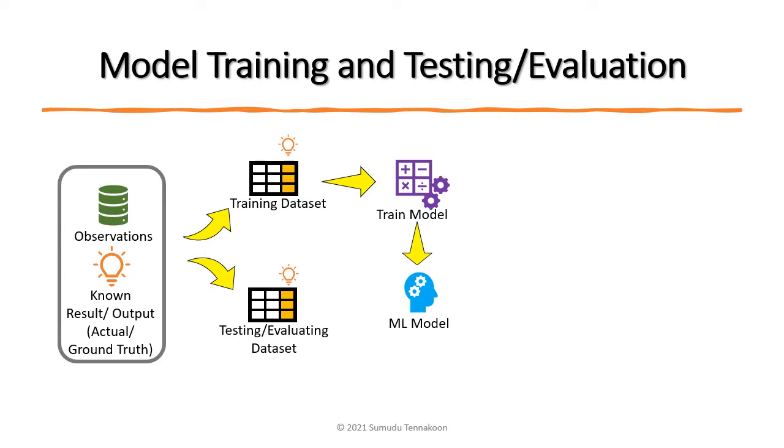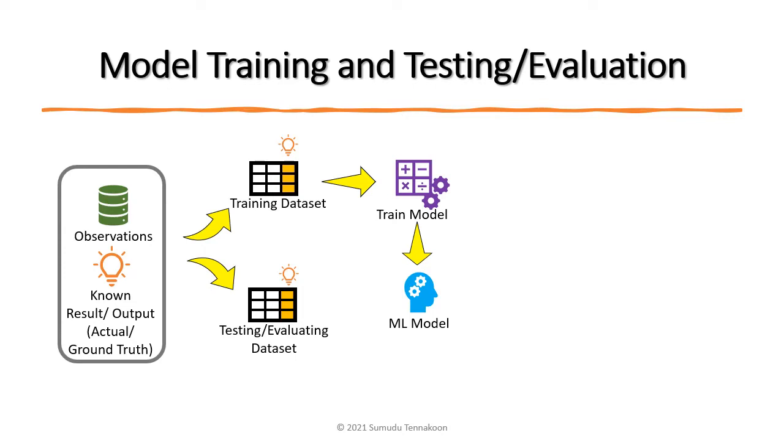It's the same as if I give you a quiz every day, and for your final exam I give you the same quiz. That is not going to be useful to know whether you know this concept or not. So I have to give a different set of questions in your final exam than the daily quizzes I give.